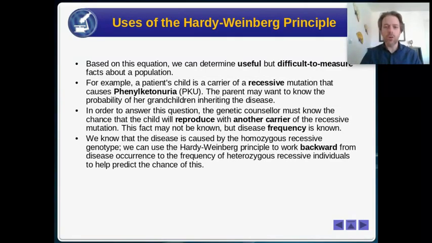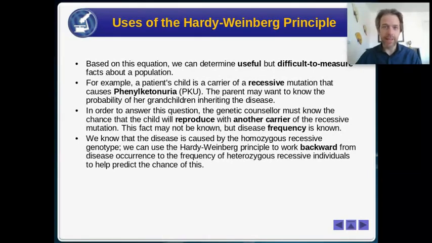Like it says here, we don't know the mutant allele frequency. We don't know how many other people have that, but we do know the disease frequency. People who are born with it are recorded, so we have that. So we can work backwards from that. The homozygous recessive, the people born with PKU, test positive.